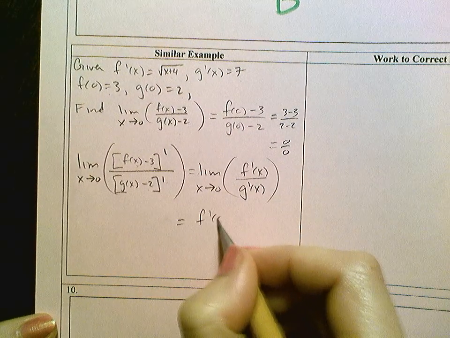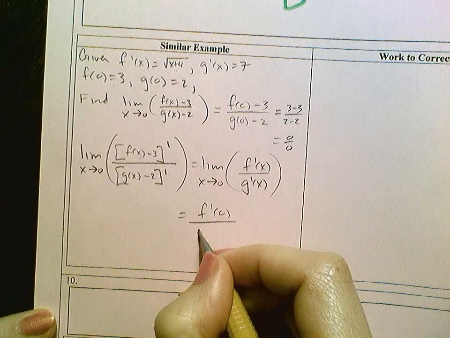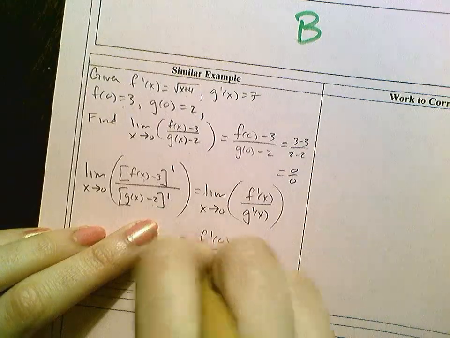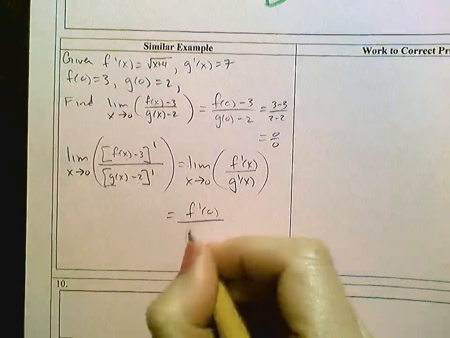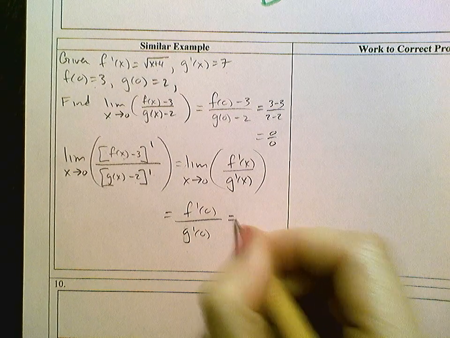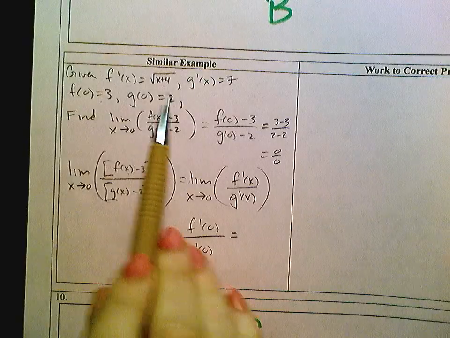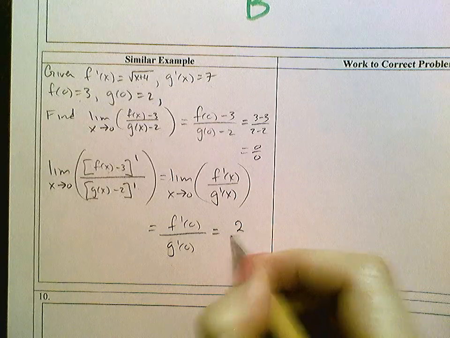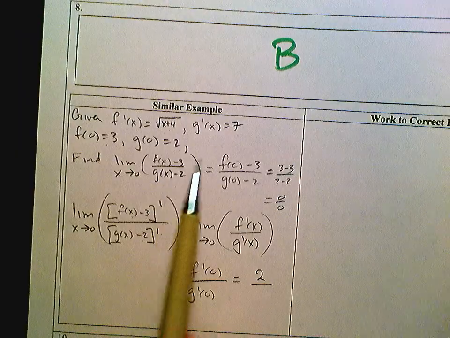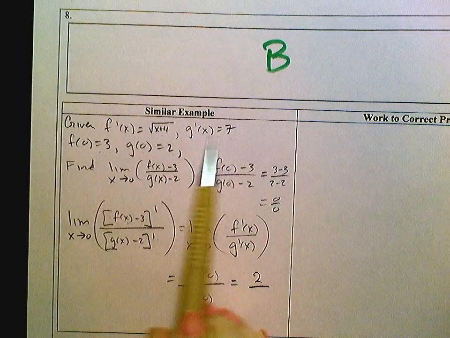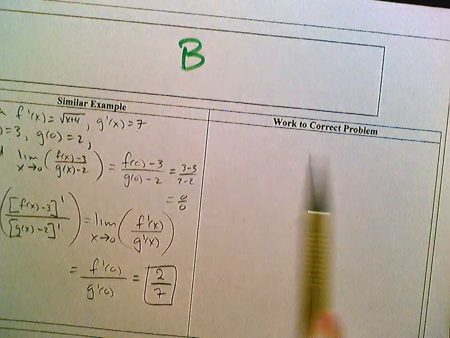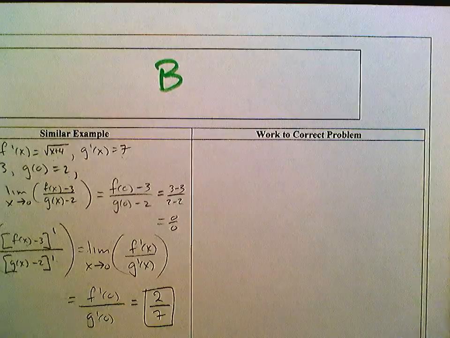So this would be f prime of 0 over g prime of 0. F prime of 0 is the square root of 4. It's just 2. And then g prime of x is always 7 no matter what. So 2/7. Alrighty, so you're going to do some similar work to arrive at that answer.